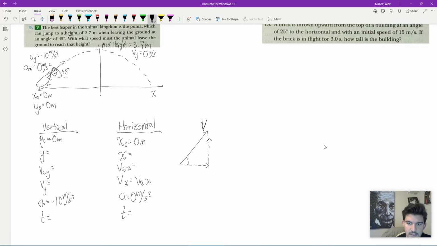We're going to want to label the angle, which is 45 degrees. And we should also go ahead and remind ourselves that if we want to find the initial horizontal component of that velocity, it's simply equal to big V times cosine of theta. And if you don't remember why that is, check the notes. Its initial vertical velocity is equal to big V times sine of theta. Okay?